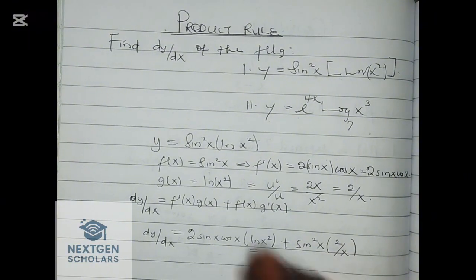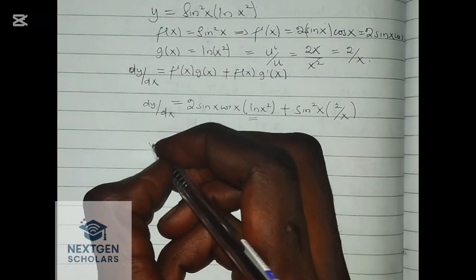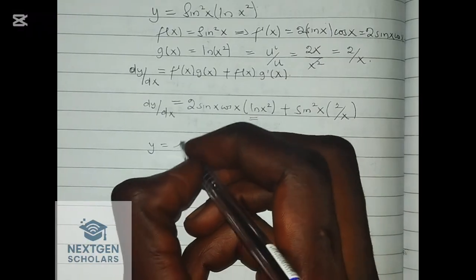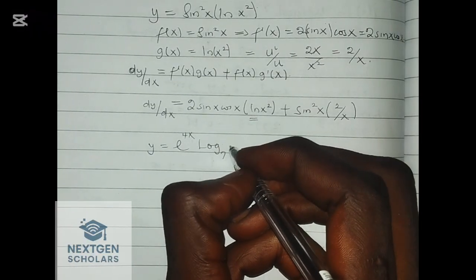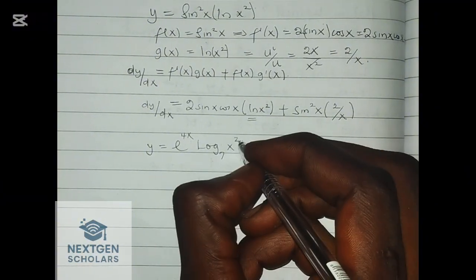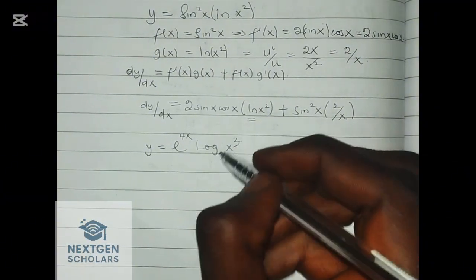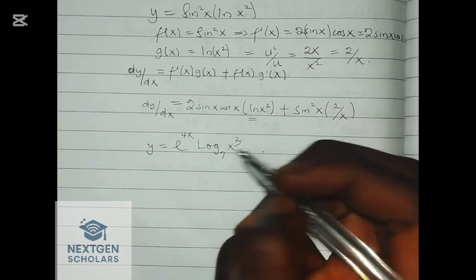The second question says that y is equal to e to the 4x multiplied by log base 7 of x cubed. Now how do we differentiate a logarithm? First of all, let us pick our f of x.